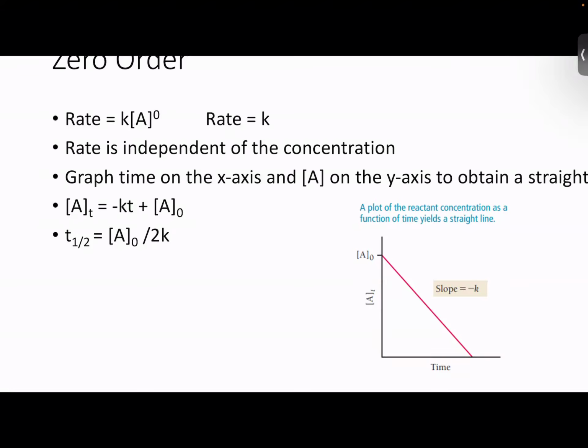When you are doing a zero order graph, the slope of the line will always be negative. Because it is expected that the concentration of the reactant is going to decrease as you increase in time.